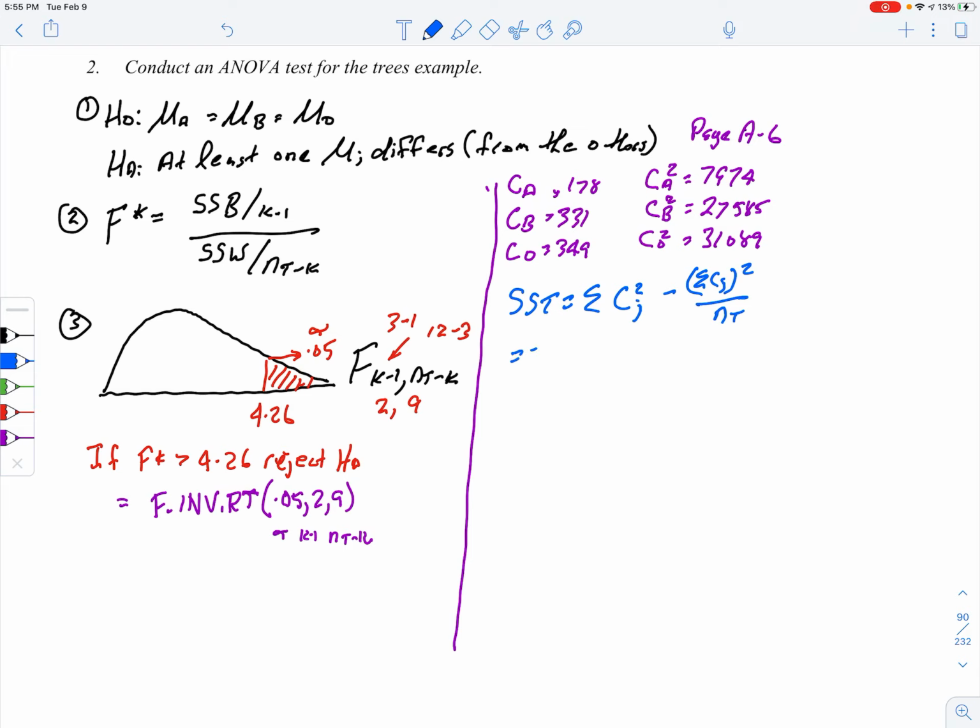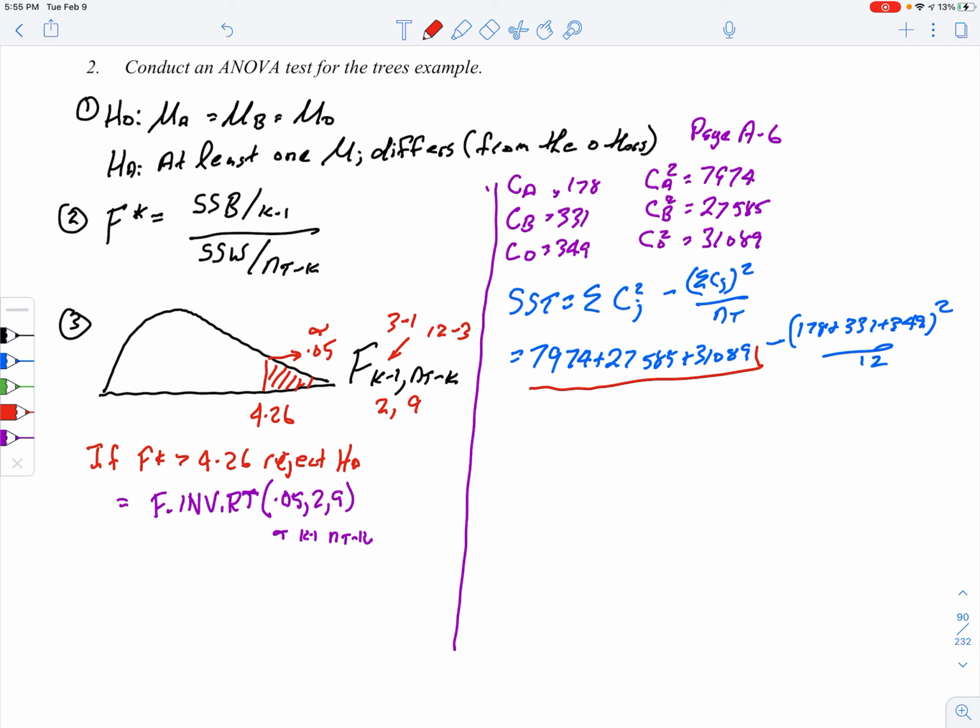So that's 7974 plus 27,585 plus 31,089 minus 178 plus 331 plus 349 squared over 12.